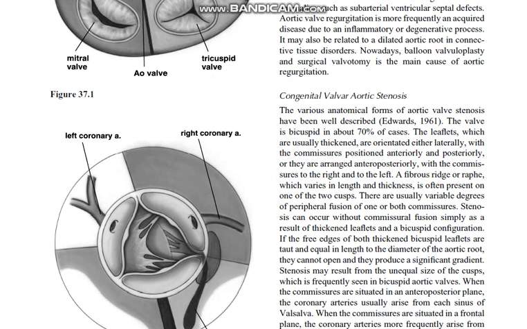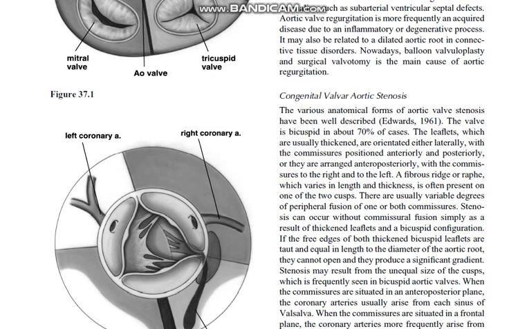Congenital valvular aortic stenosis. The various anatomical forms of aortic valve stenosis have been well described. The valve is bicuspid in about 70% of cases. The leaflets, which are usually thickened, are oriented either laterally with the commissures positioned anteriorly and posteriorly, or they are arranged anteroposteriorly with the commissures to the right and to the left.